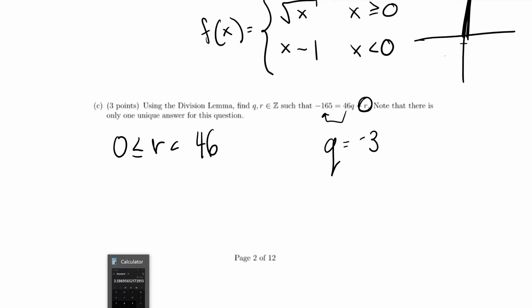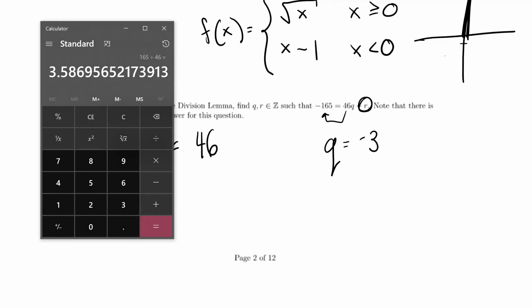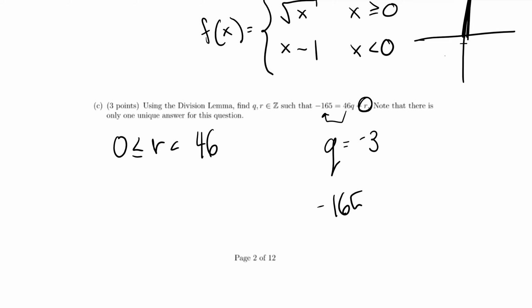So if we did q is negative 3, so 3 times 46, we would have negative 165 equals negative 138 plus r. For this equation to be true, r would have to be negative, but we can't allow that. So actually, we have to go one more.